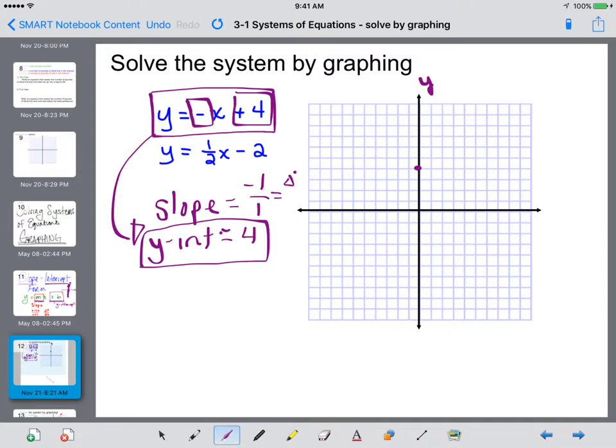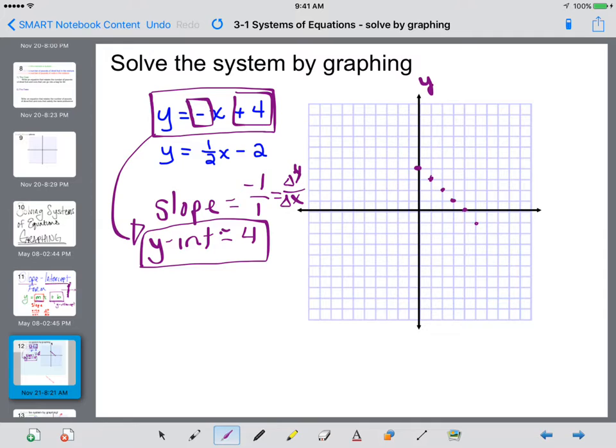Remember, it's the change in y over the change in x. So I start at the y-intercept, and it's -1, so I'm going to go down 1, and it's over on the x-axis a +1, so I'm going to go to the right 1. I'm going to repeat that, down 1, over 1, down 1, over 1.